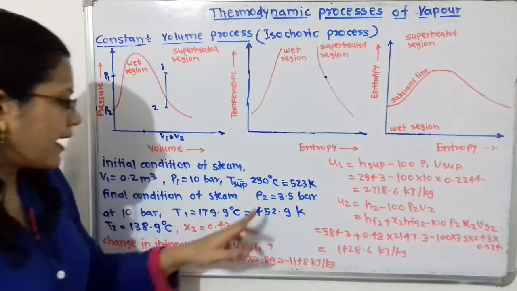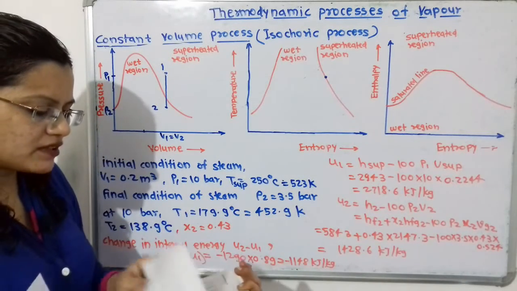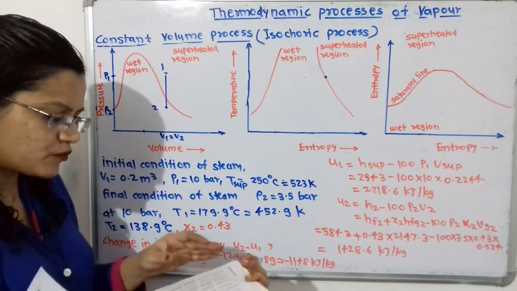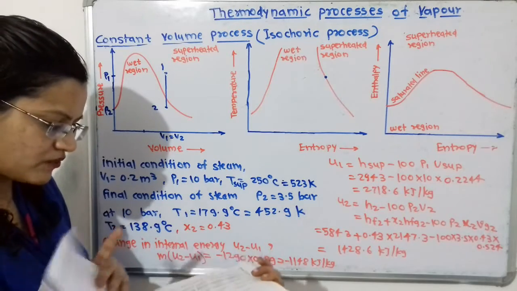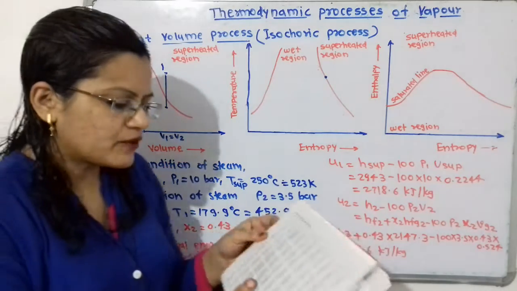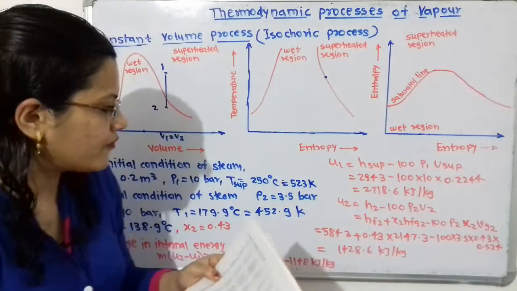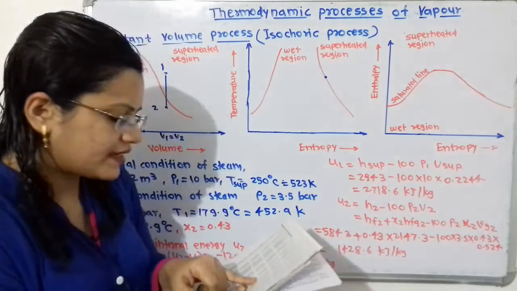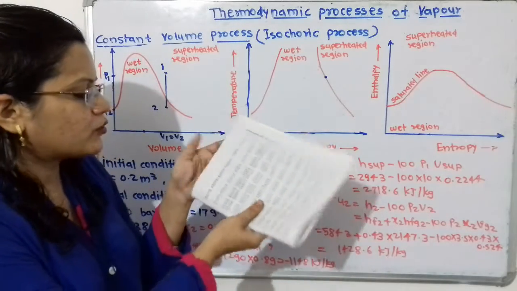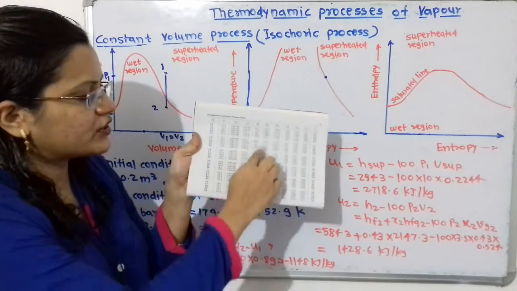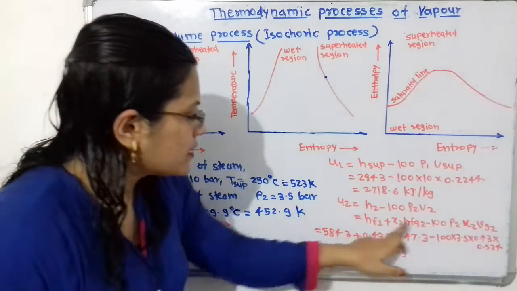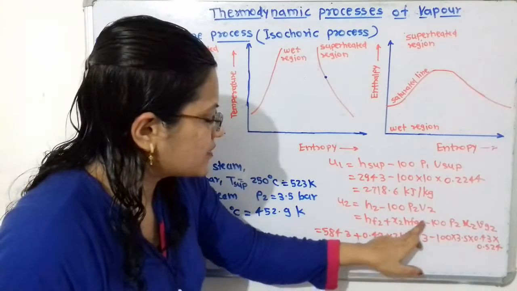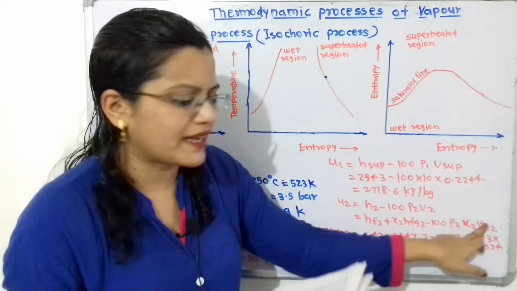So now at 3.5 bar pressure, in the pressure table we have to take 3.5 bar and find out the values of HF and HFG. So at 3.5 bar, HF and HFG are given here. Now we will put these values, as well as V2 is equal to X2 Vg2.